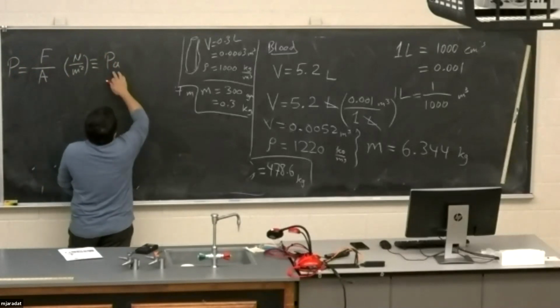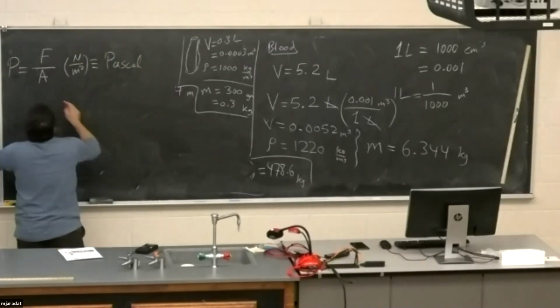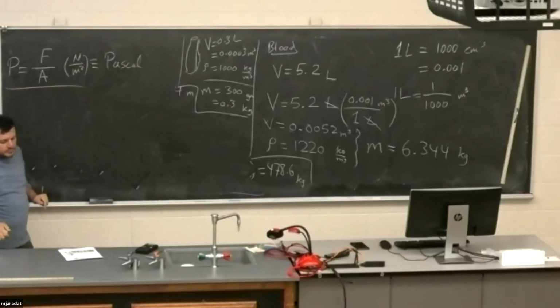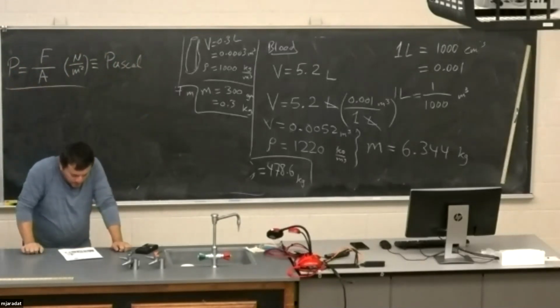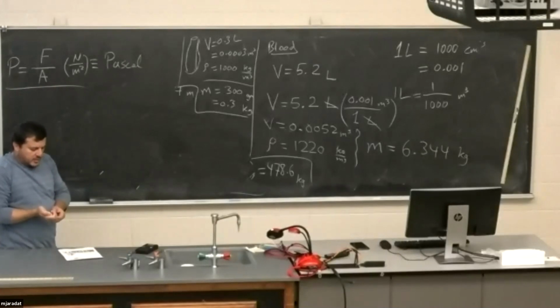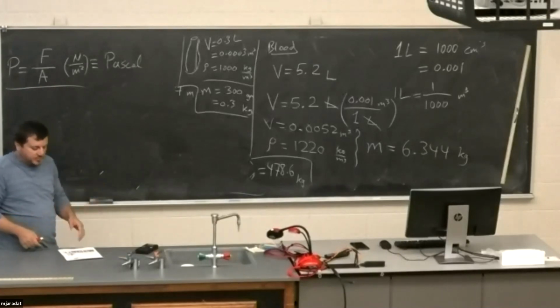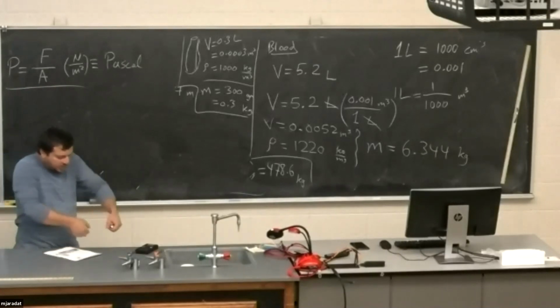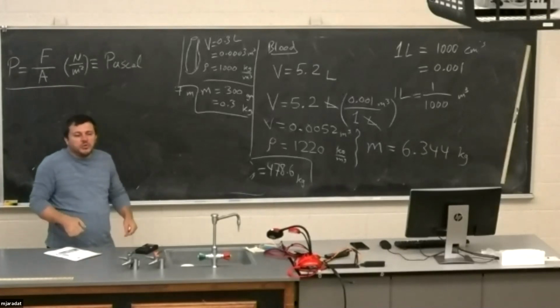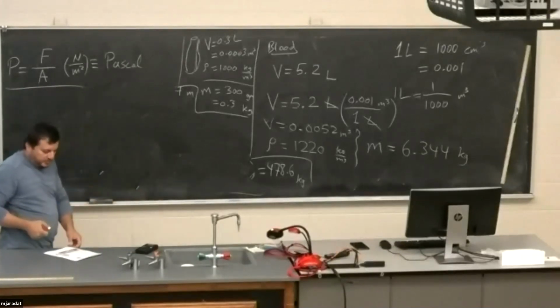You may see it as Pa or Pascal like this. Okay. Now we will understand what the pressure is by doing this example. The pressure is just like this. When you press on the sponge on your chair, you can feel that pressure.